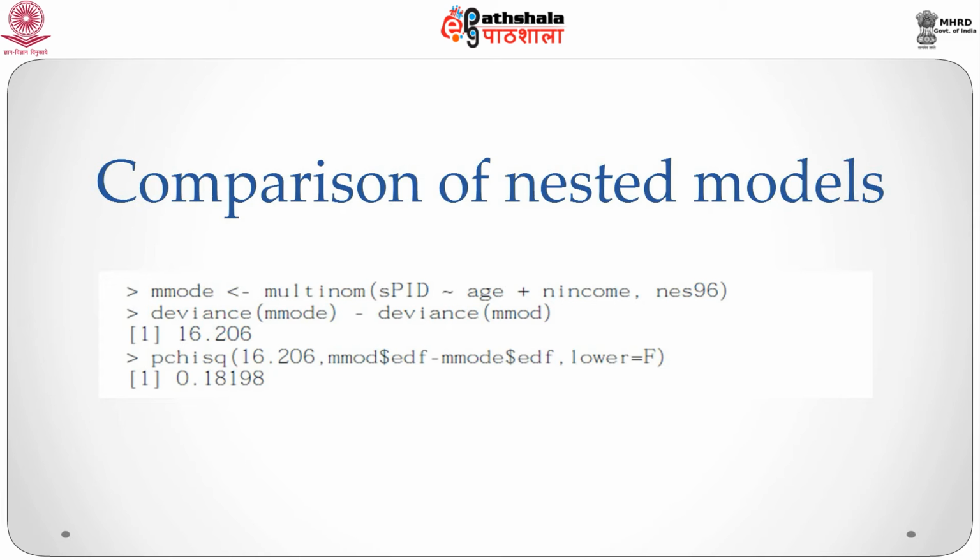So, for example, we can fit a model without education and then using the deviance command derive the deviances of the two models and use the pchisq command to get an estimate of the significance. So, we can see from here that education is not significant relative to the full model.